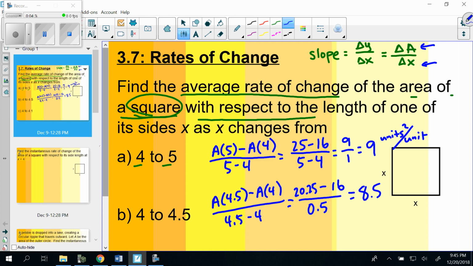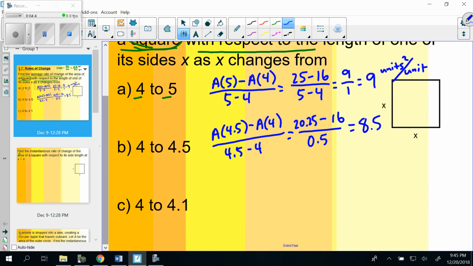Let's do one more. What is our rate of change from 4 to 4.1? So again, what's our area at 4.1, minus what's our area at 4, over 4.1 minus 4.